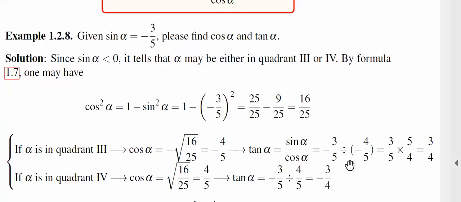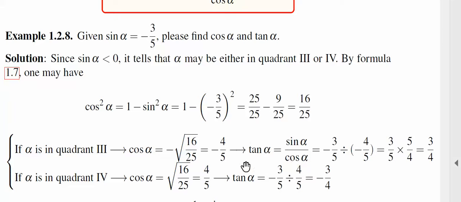For the second expression, it is the same, the only difference being cosine alpha is positive 4 over 5. In this case, we have a negative because there is only one negative, so it is negative 3 over 4. So we have two answers.